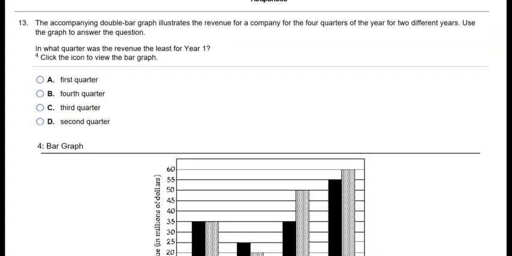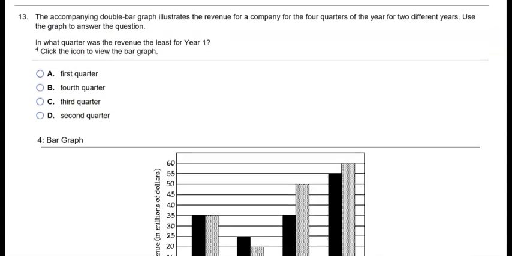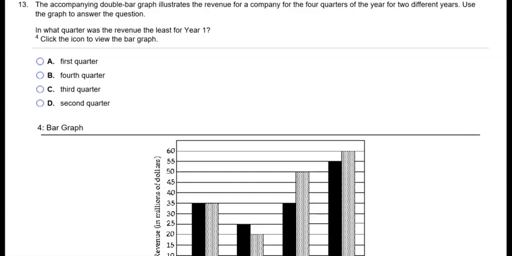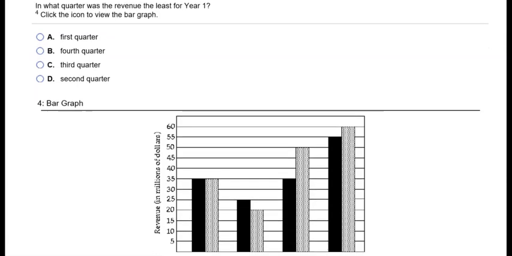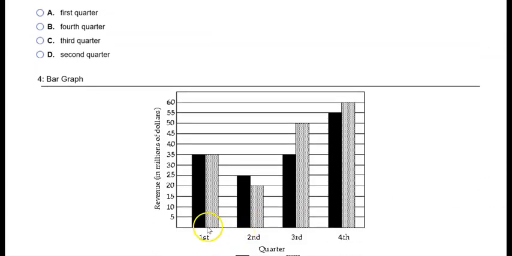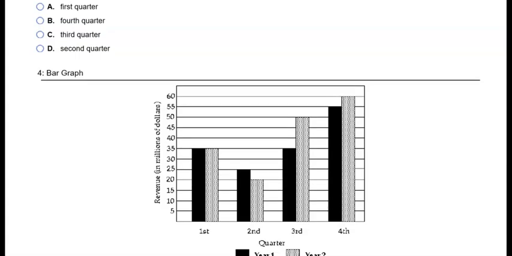So the question asks in what quarter the revenue was the least in year one. So look for year one. Year one is the dark bar. You're looking for the least revenue in year one. So this is the least revenue.